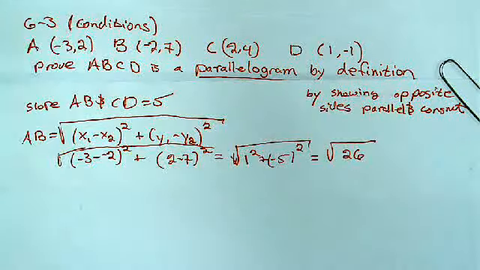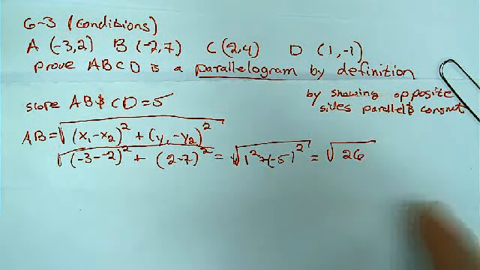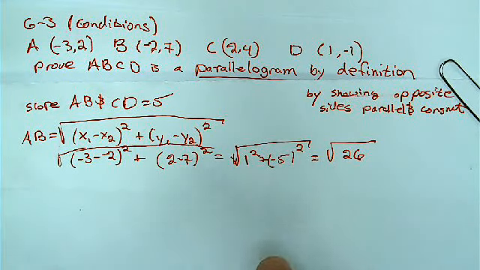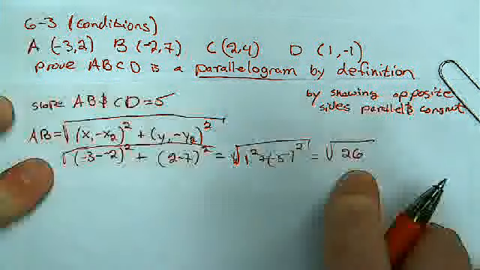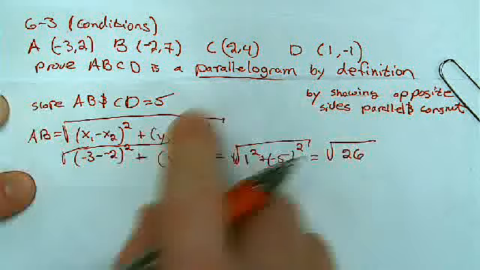That's going to be some crazy decimal. Let's just leave it there for now, because remember, the goal is to show that they're equal. I could crank that down to get 5.1, might be less than that, but around there, roughly 5. Let's see if I get the same thing when I do CD.